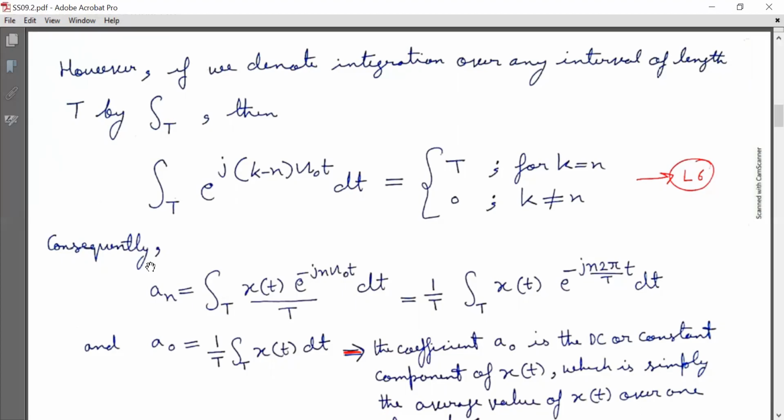Consequently, a_n is equal to integration over a period of capital T x(t) e raised to power minus j n omega naught t divided by capital T into dt is equal to 1 by T integration over a period of capital T x(t) e raised to power minus j n 2 pi by capital T into t dt.